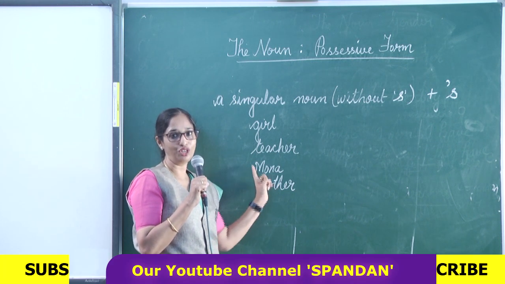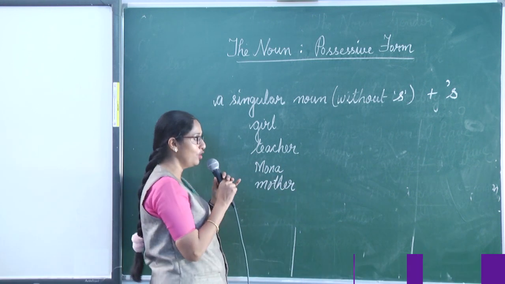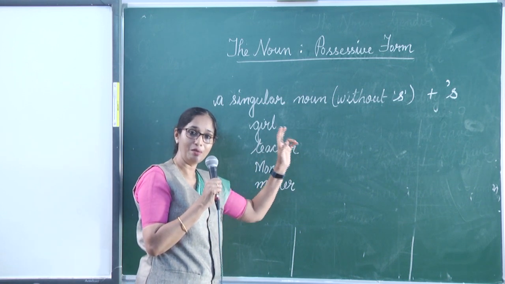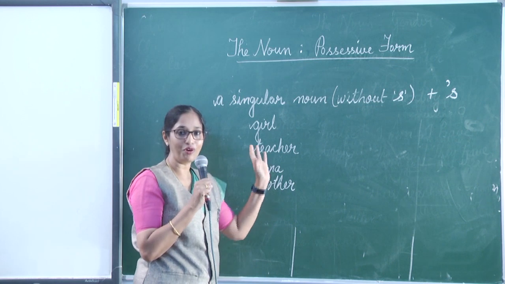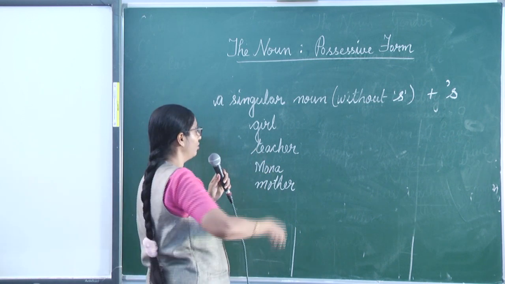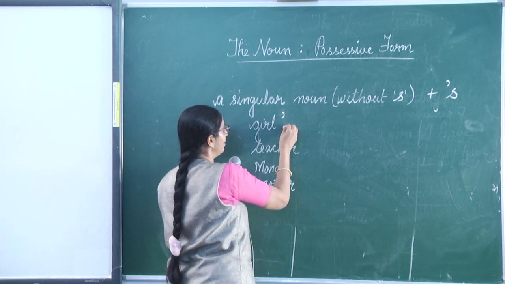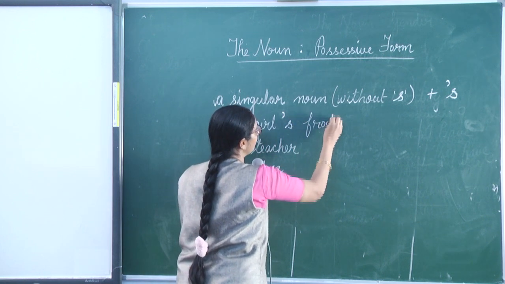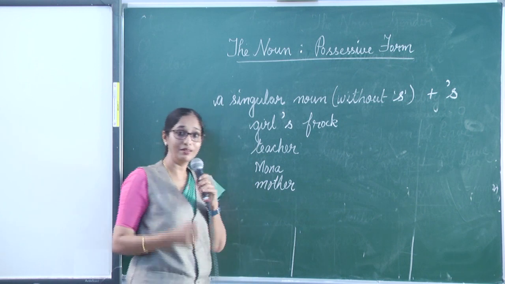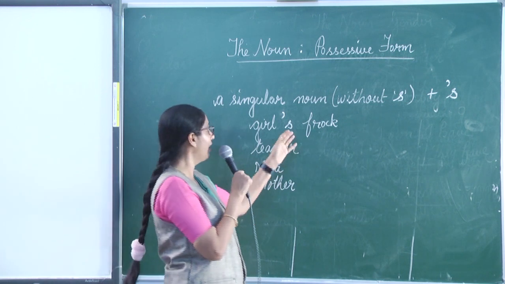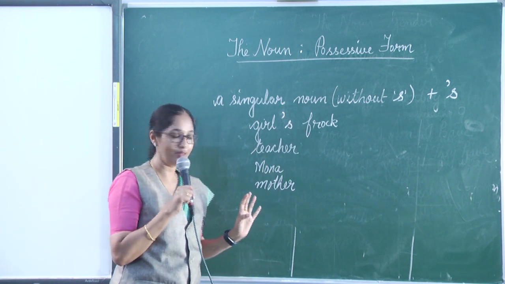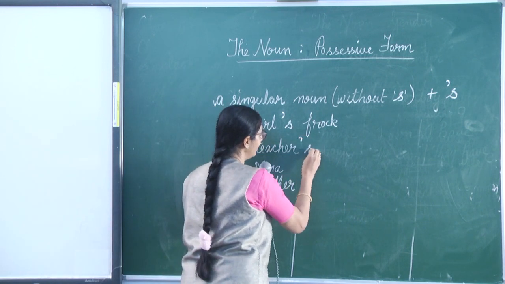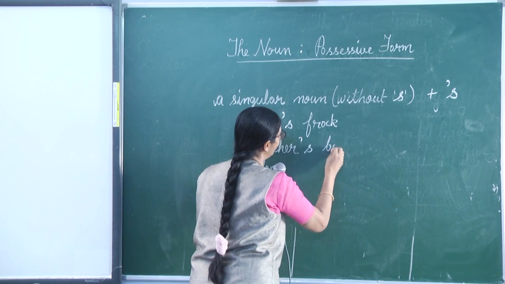And if you want to change it into a possessive form, you need to put an apostrophe plus an s to form the possessive noun. So this becomes girl's frock, girl's book, girl's umbrella, whatever it is. Coming to the next, teacher, apostrophe s, teacher's book.